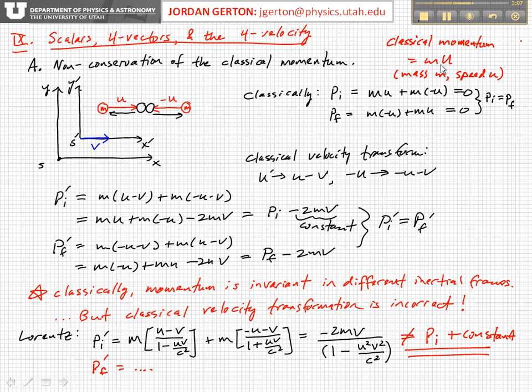So apparently we have two choices. We can abandon the notion of conservation of momentum, or we can redefine what a generalized momentum is. Apparently, if we decide not to abandon conservation of momentum, and I think that would be a bad thing to do, then we need to redefine what momentum is. So we need a different expression for momentum.